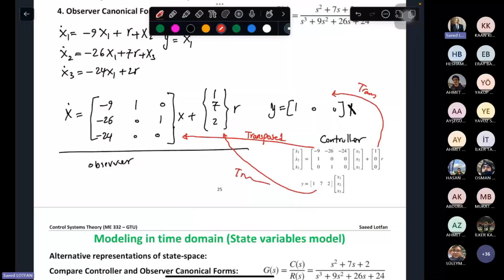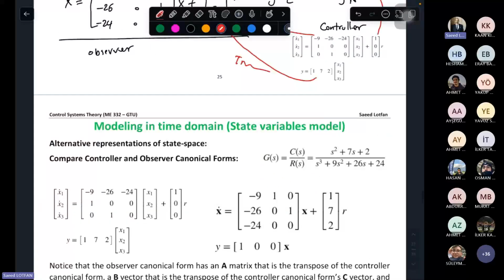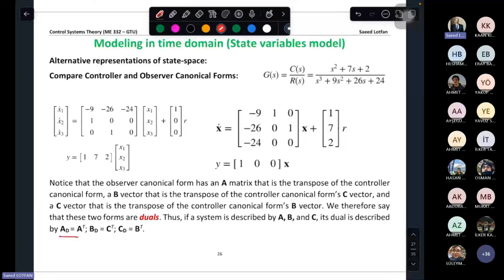So if you have the controller form and you do A transpose, change the places of the B and C matrices and transpose them, you can change the observer form and controller form to each other, and because of this they are called duals.